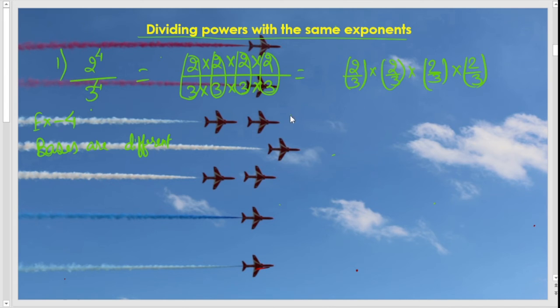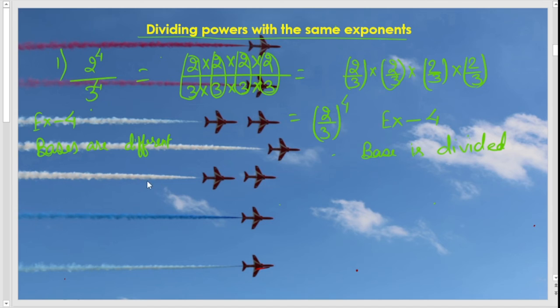So here we can write it like 2 by 3 to the power 4. Here base became 2 by 3 and exponent remained same. Exponent is same, 4 remains same, but base is divided.